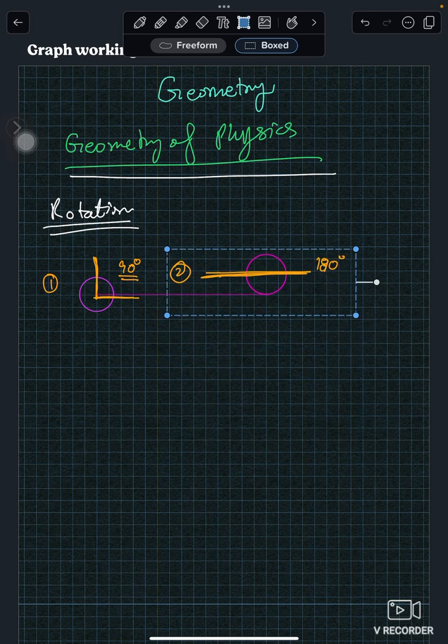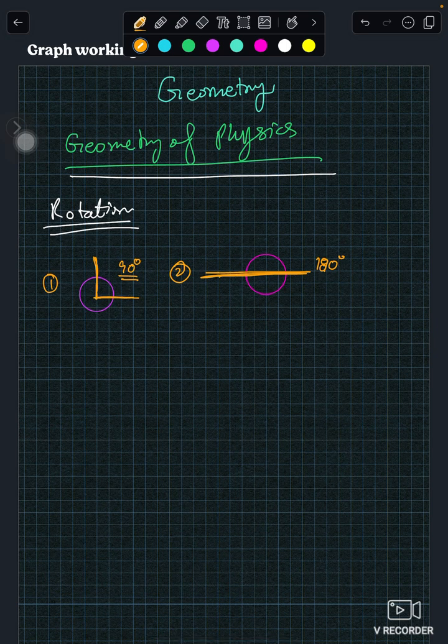We all know this is 90, we should also have 0. There's one more which is 0. Then last but not least, in our physics geometry, we have 270 spin.